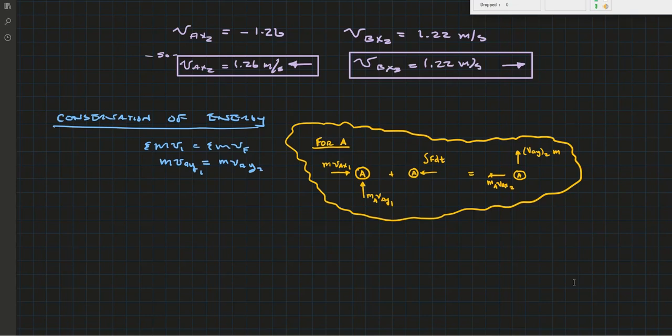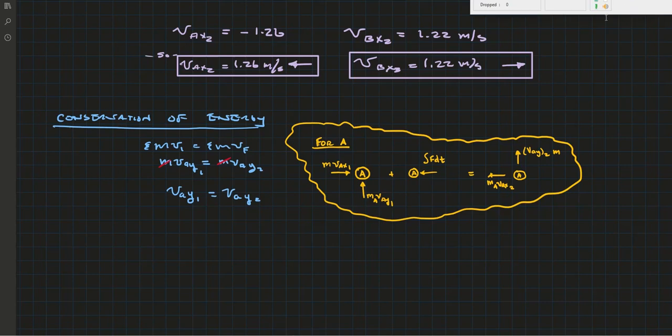We'll end up with mass times the velocity in the y direction initial equals the mass times the velocity in the y direction final, which means these m's can cancel out, and we just get that the velocity of A initial equals the velocity of A final.